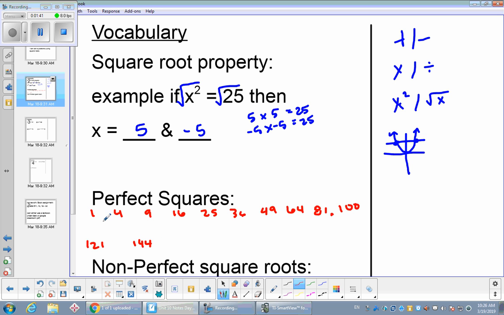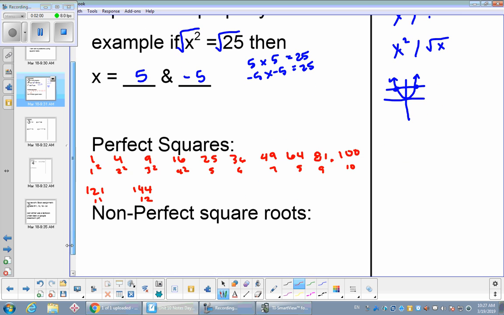Those are all perfect squares because 1 squared is 1, 2 squared is 4, 3 squared is 9, 4 squared is 16, and so forth. I just went up to 12.